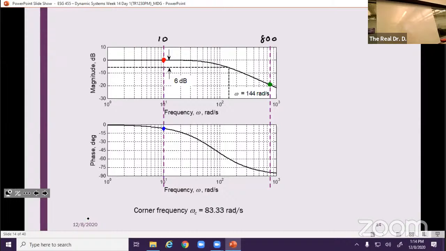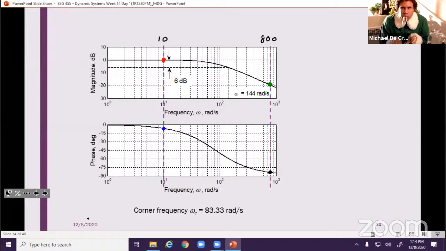Negative 20 dB should be roughly 0.1, and we have a large phase shift. But for something like this, we don't really care about the phase shift, right? Because we wanted to get rid of the noise anyway. So if you can decrease your amplitude by enough, do you really care what the phase shift is, right? We're ignoring it essentially anyway. So we don't really care.